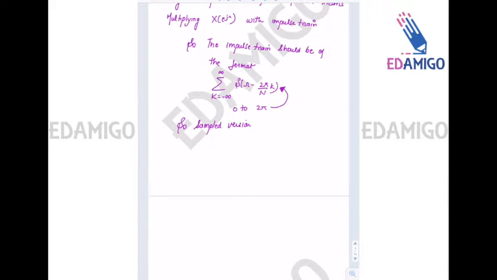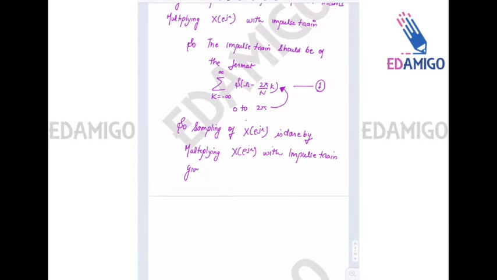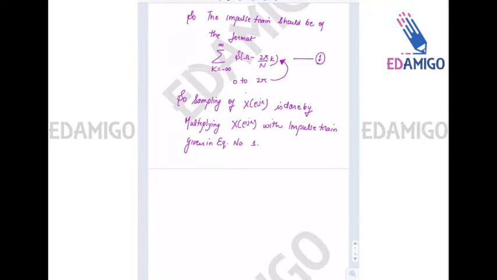Or I can say that sampling of X(e^jσ) is done by multiplying X(e^jσ) with the impulse train given in equation number 1.